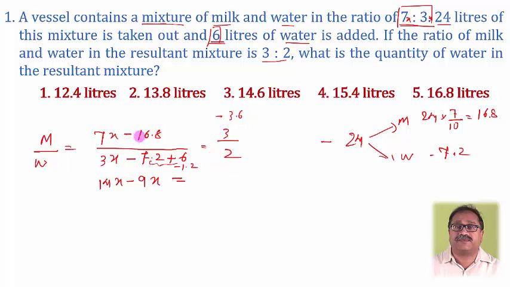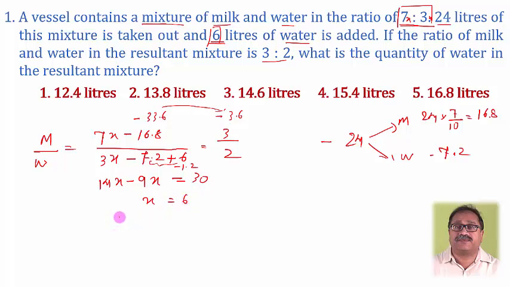So 16 double is 32, and 8 double is 16, so 33.6. So this is minus 33.6. When the minus goes, the other side will become plus. So I will be left with 30. So I can say that 14x minus 9x, which is 5x, and 5x is equal to 30. Then x is equal to 6.